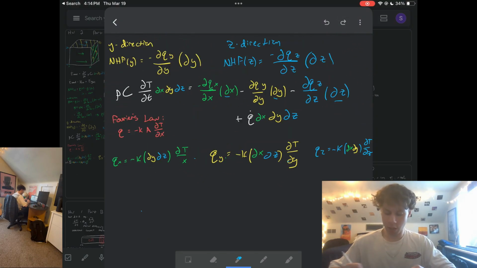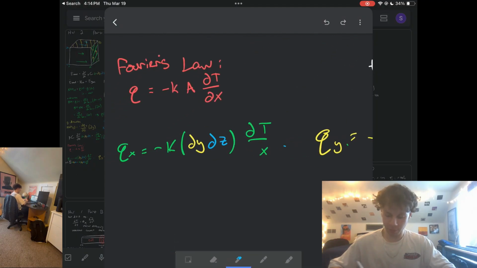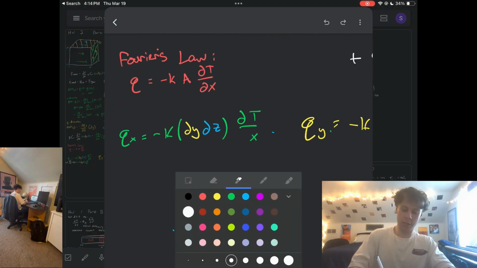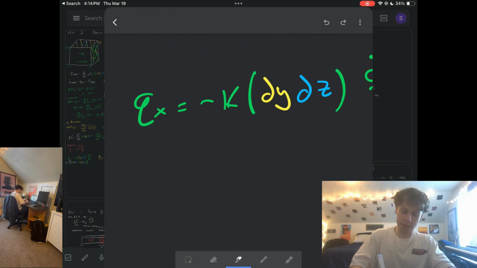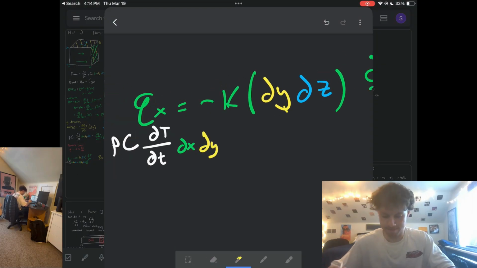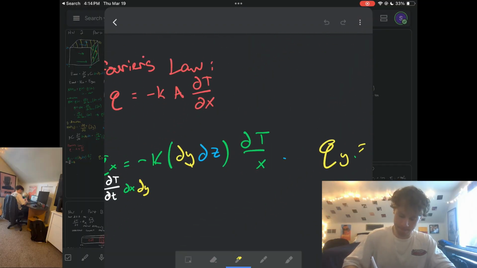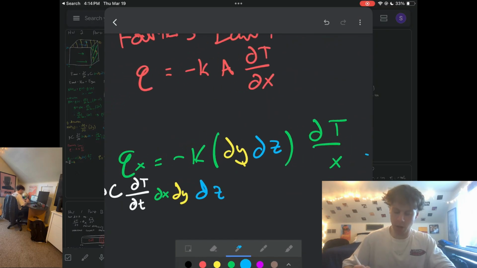So this will be our equation. If we plug our values from Fourier's law into our equation, we'll get this. Our energy stored, or our density times our heat capacity, multiplied by our change in temperature with respect to time, throughout our volume, dx dy dz, is equal to our net heat flow.